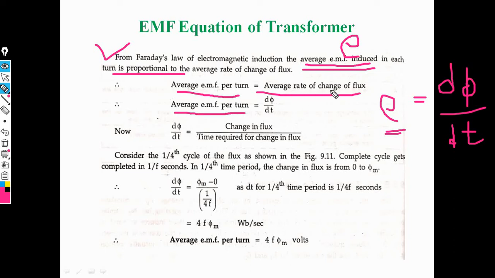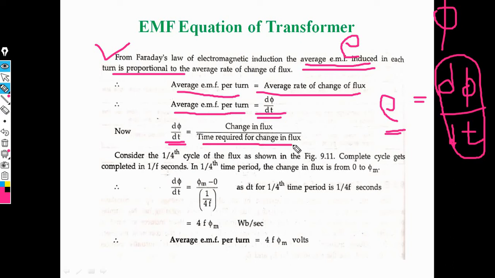Here d phi means the change in flux, and dt means the time required for the change in flux.